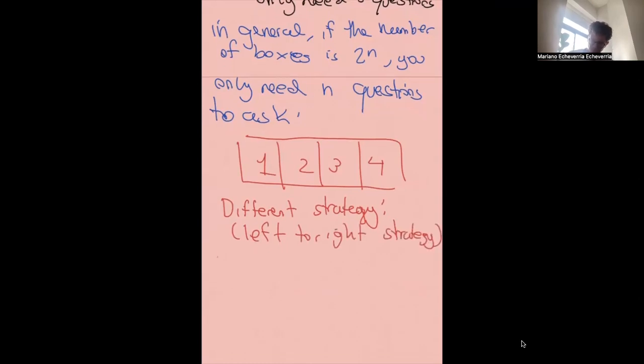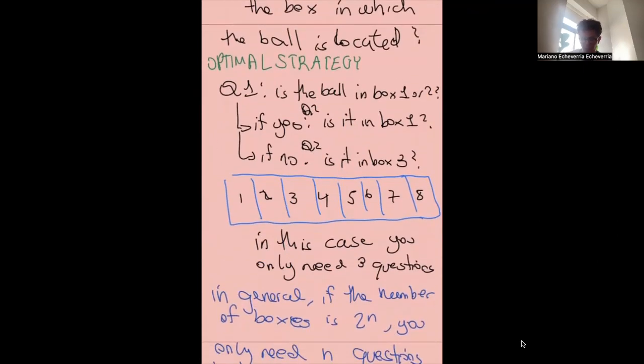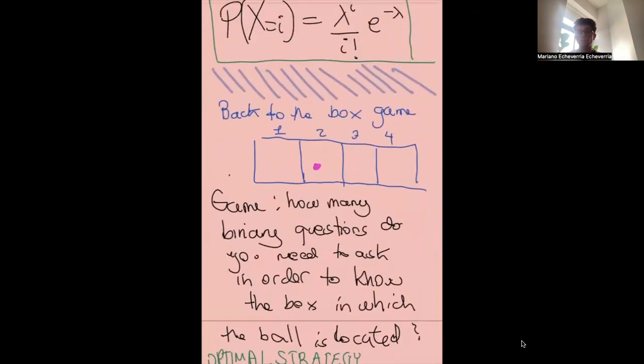So in question 1, you just ask, is it in box 1? So you start with the leftmost box, and that has a yes or no answer. If yes, you won. This one is interesting because if you ask the questions this way, you never win on the first chance with the halving approach. For example, for 4 boxes, you can only get the location on the second time.